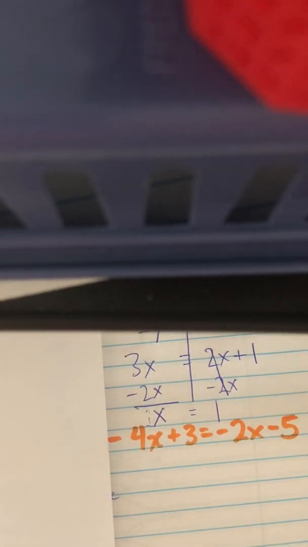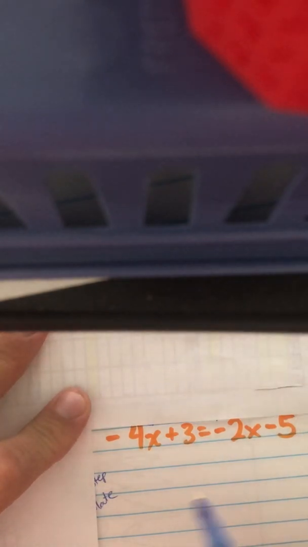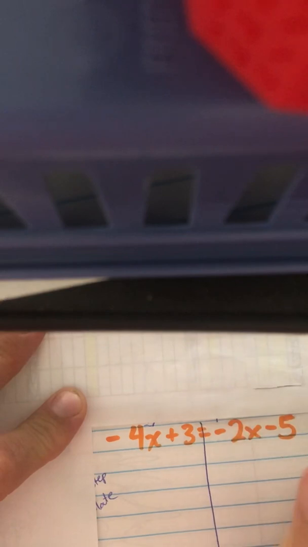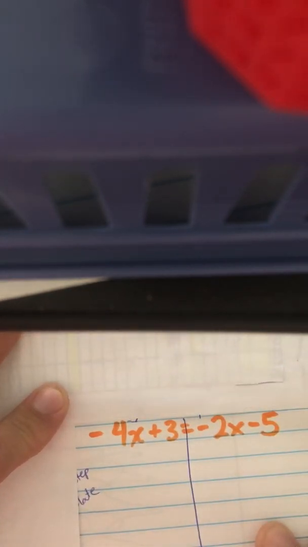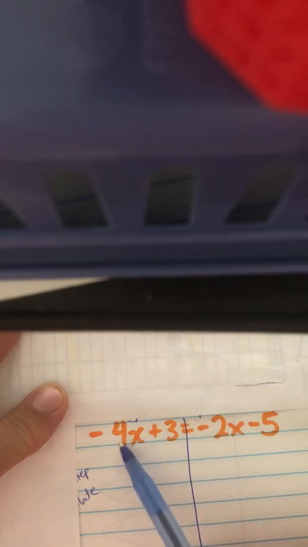I'm going to try to have you ignore all this stuff up here. This time I've got negative 4x plus 3 is equal to negative 2x minus 5. Remember what I said? Handle the smaller number first. So what's smaller, minus 4x or minus 2x? Minus 4x is smaller.